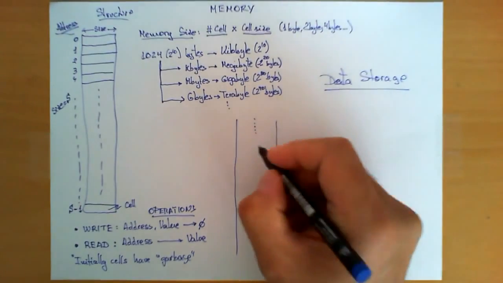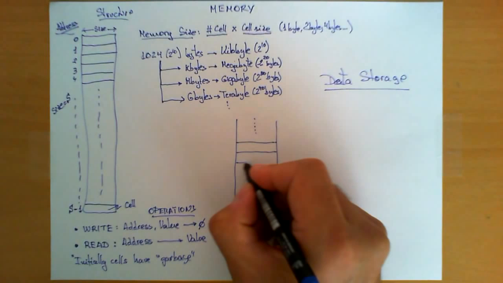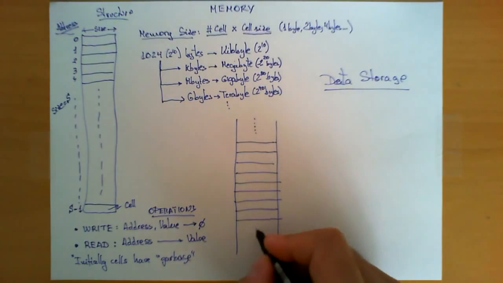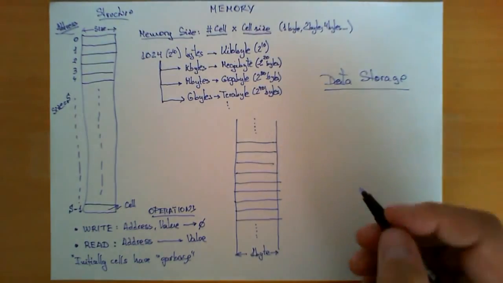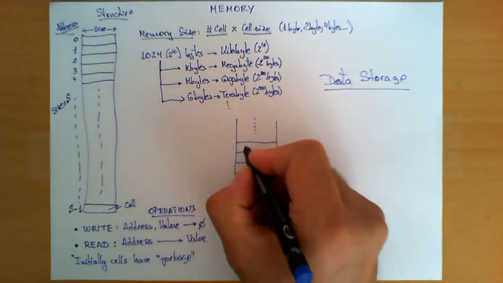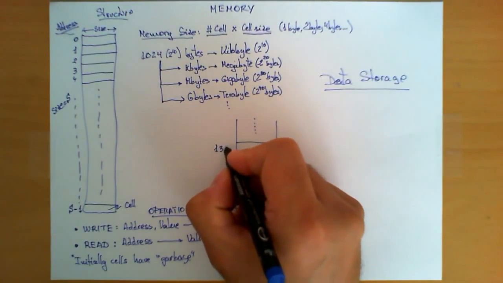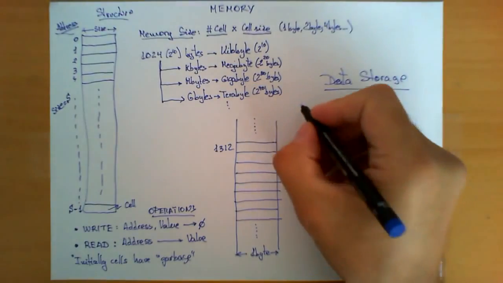I have certain cells above me, and I'm going to draw some of them and additional ones. We're going to assume that the size of each cell is 1 byte or 8 bits. And let's also assume that the first cell that I drew here has the address 1312. This is actually an arbitrary number. It can be anything.